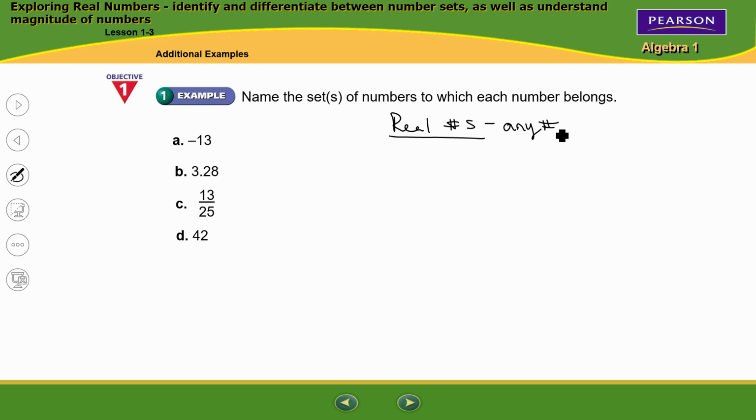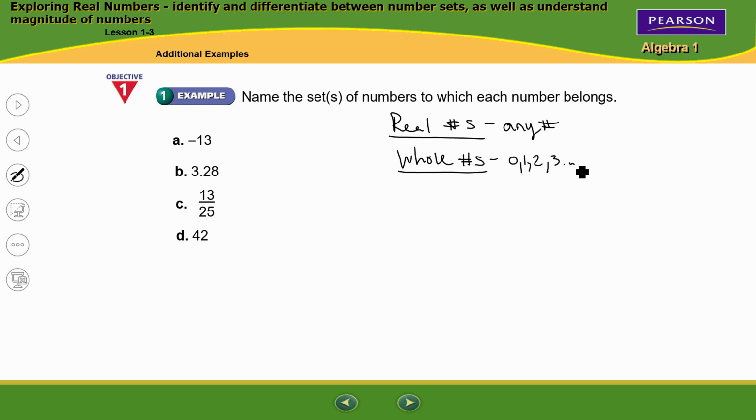We have whole numbers that look like 0, 1, 2, 3, and so forth. 4, 5, 6, 7, 8, 9, 10. No fractions, no decimals, no negatives in the whole numbers.